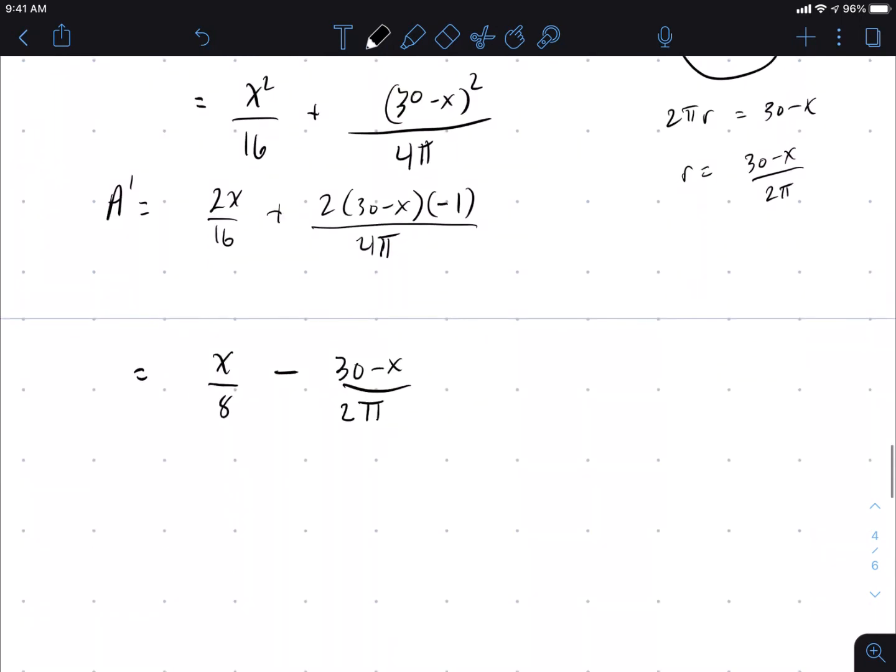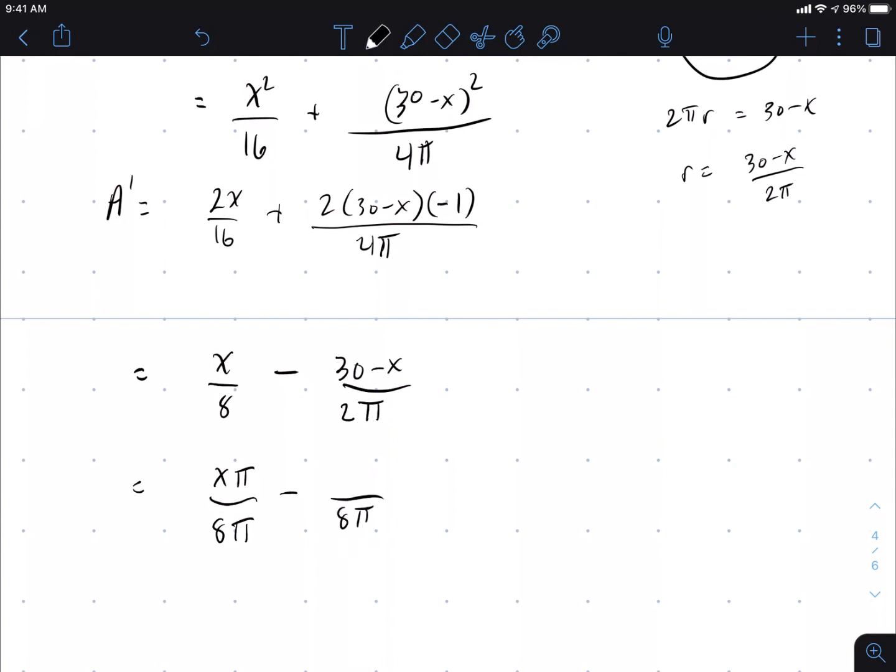Okay, and then we want common denominators because we should have common denominators. It's kind of our thing. So I need pi up there, so that's going to be x pi over 8 pi minus, this one needs a 4.